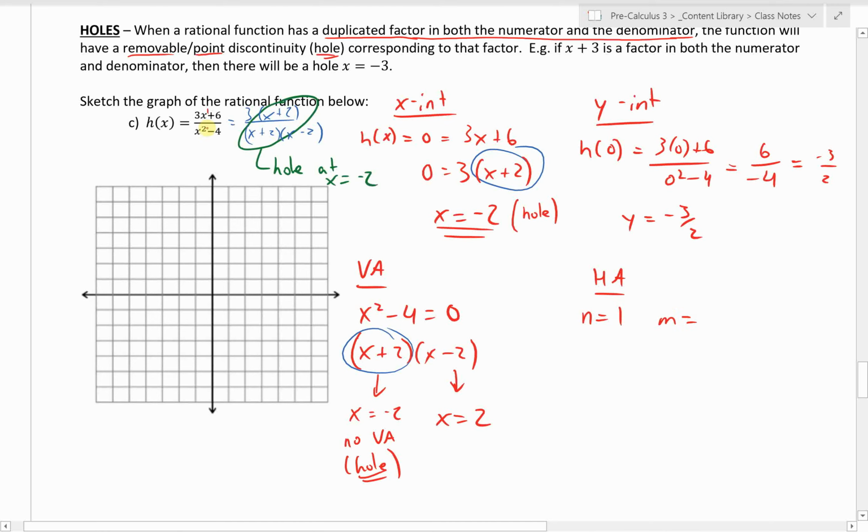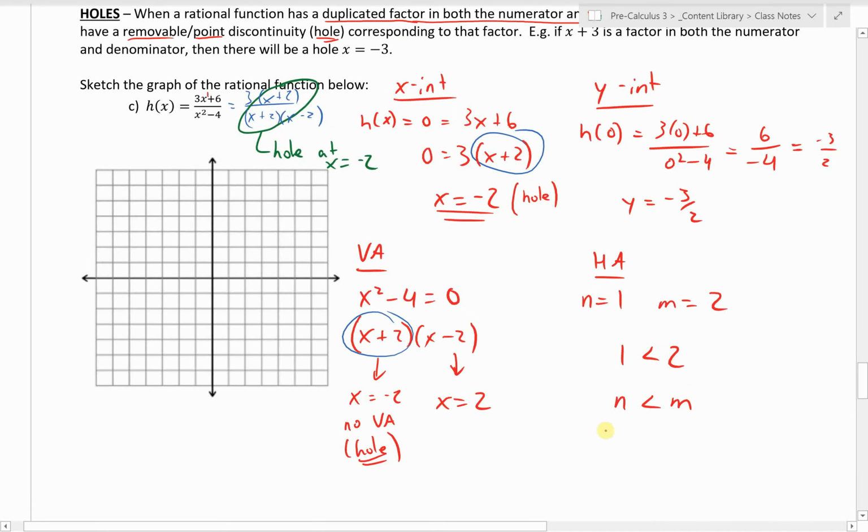The degree of the denominator is 2. 1 is less than 2, so n is less than m. When the degree of the numerator is less than the degree of the denominator, our horizontal asymptote is y equals 0. That was in our rules from the first part of this section. So we have a vertical asymptote at x equals 2 and a horizontal asymptote at y equals 0.